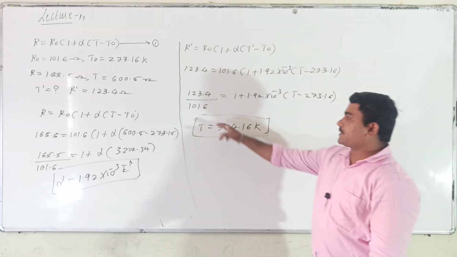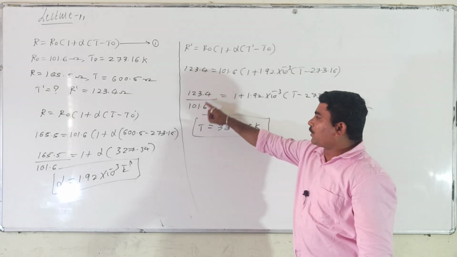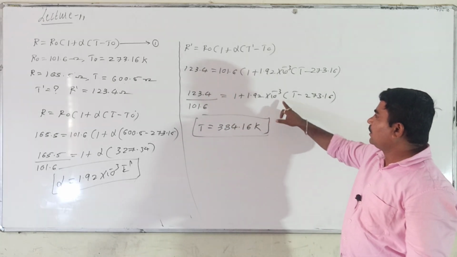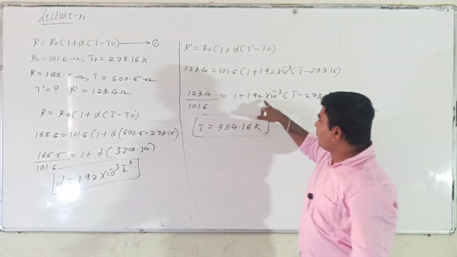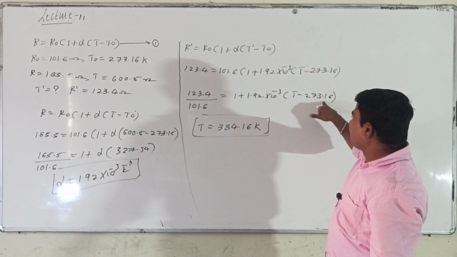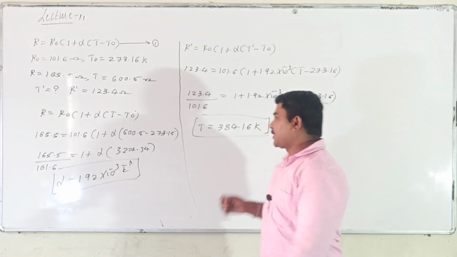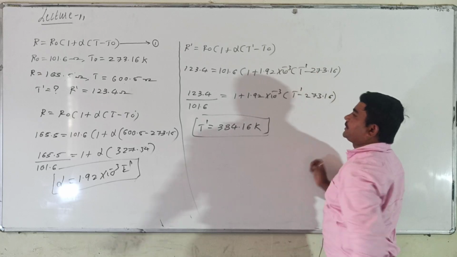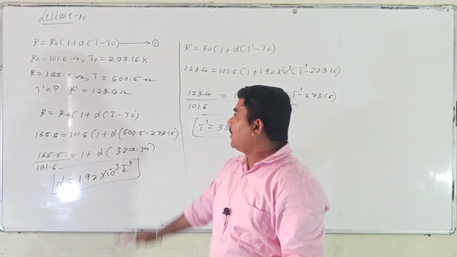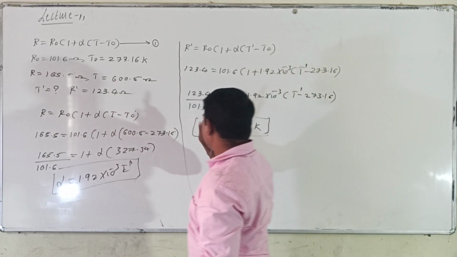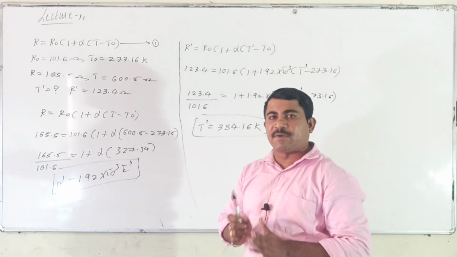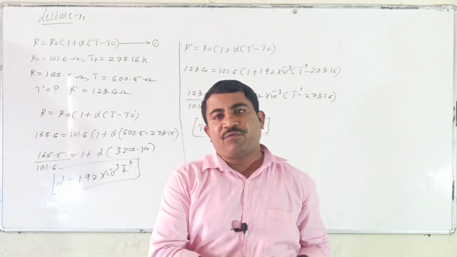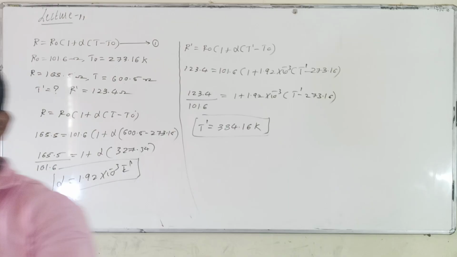See here, very simple. 123.4 divided by 101.6 minus 1 equal to this value, or whatever value obtained, divided by this value equal to T minus 273.16. Then calculate the T dash value. At this resistance this much amount of temperature exists for the material if we increase the temperature. Again solve this. Let us go for the further numerical.